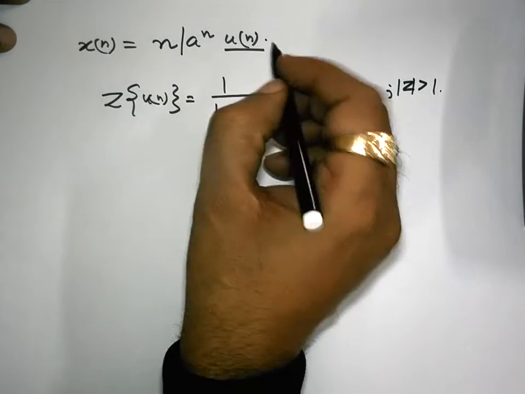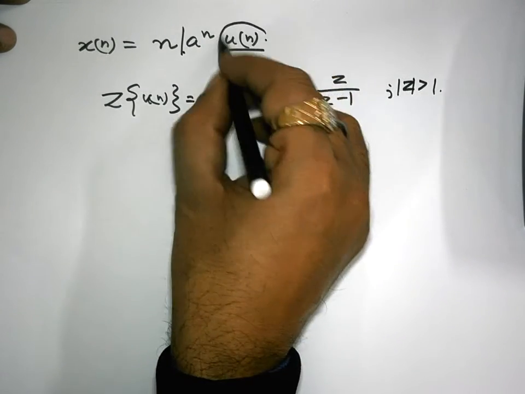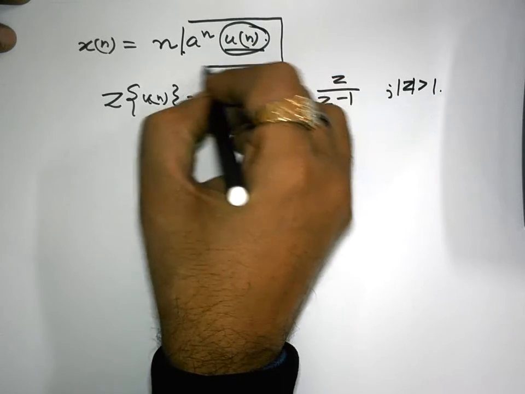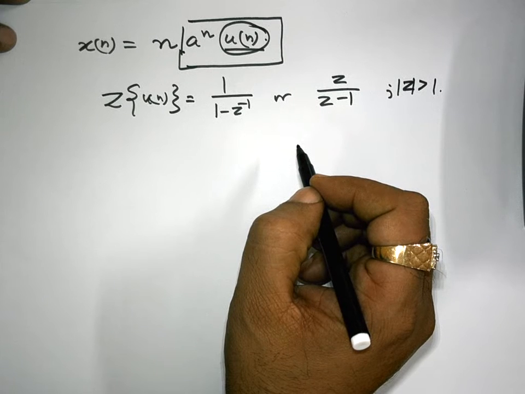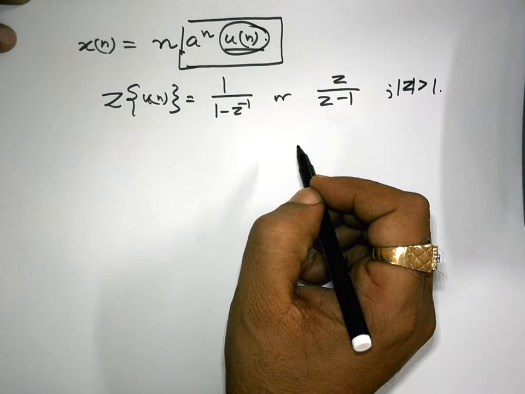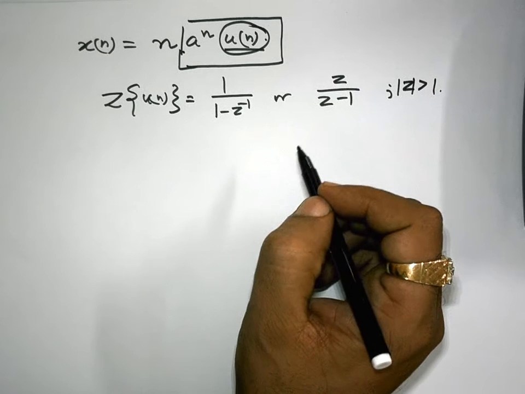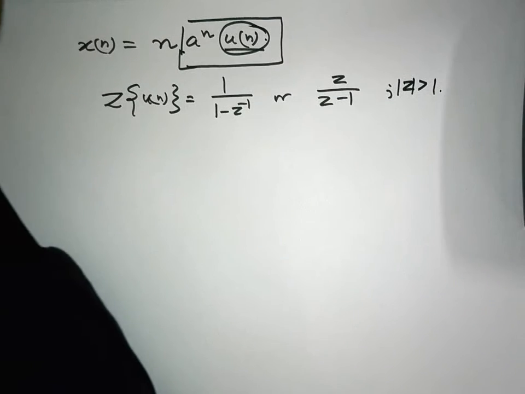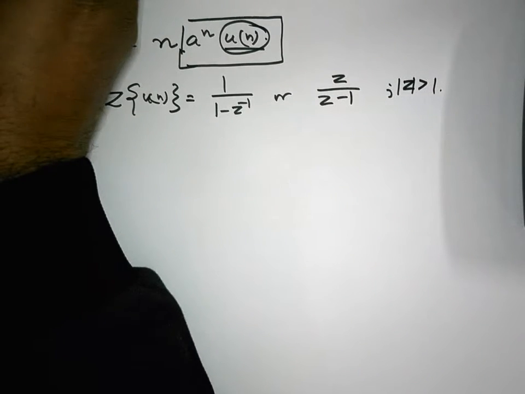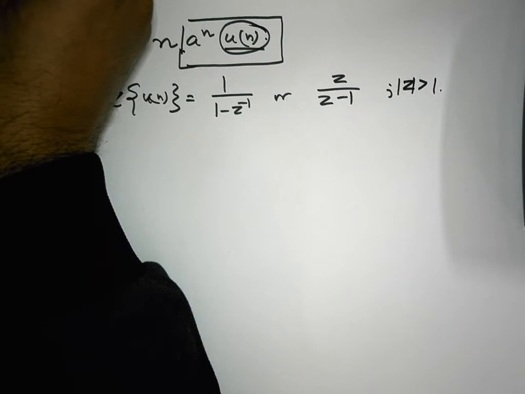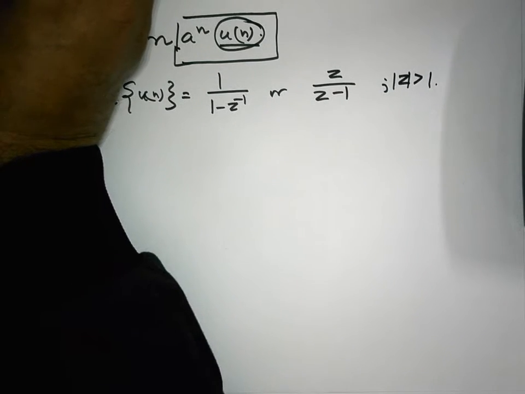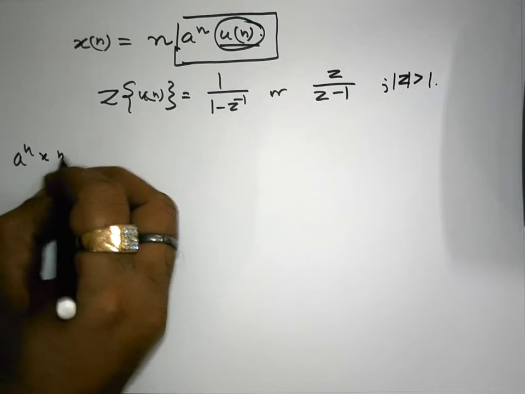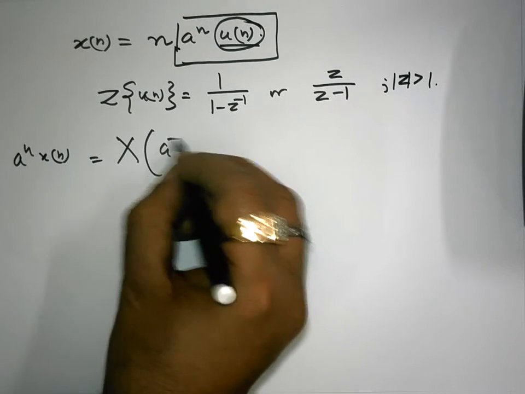Now, suppose the Z transform of the signal is known to you, then the Z transform of the signal multiplied by a^n, a^n x[n], what is that? This is scaling in z domain. If you recall that property that we have solved, I think it is the third property, the Z transform of the signal a^n x[n] is equal to X(a inverse z).